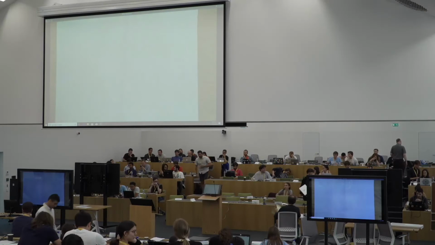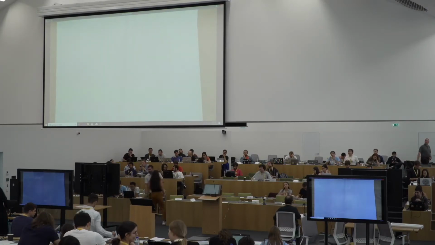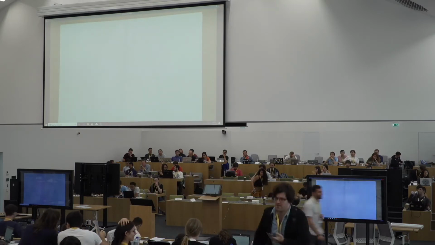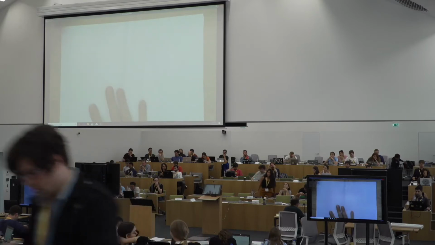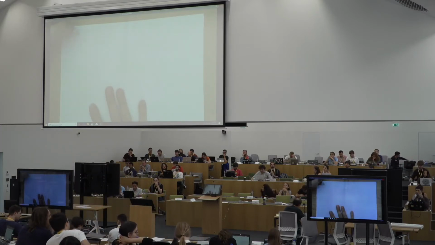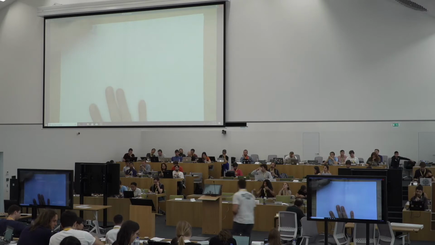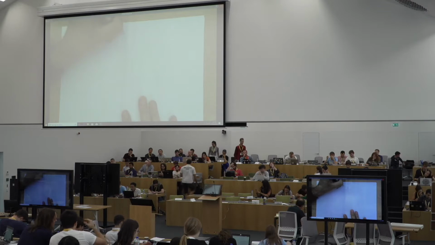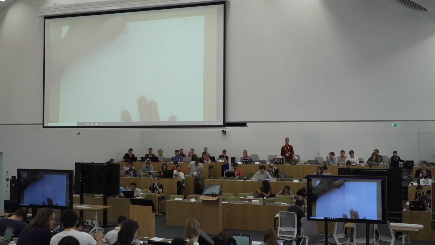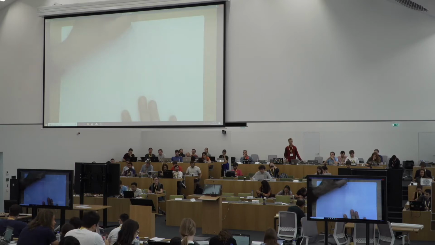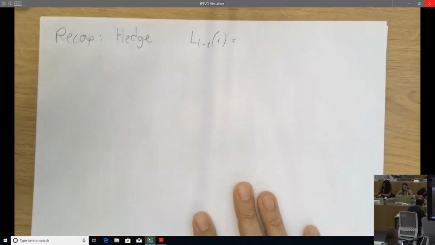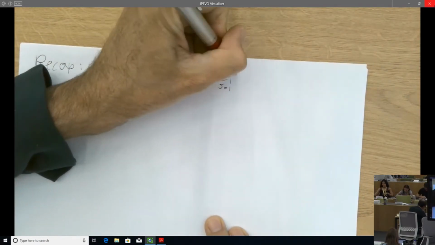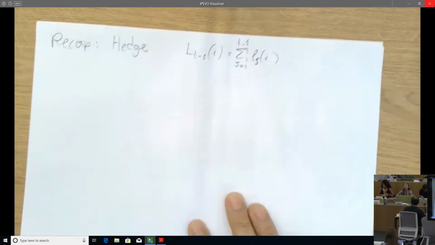We're going to wrap up a little of what we were doing yesterday, this model of online learning with experts. Let me recap a little. We had this algorithm Hedge, and Hedge used this notion of cumulative loss of actions.